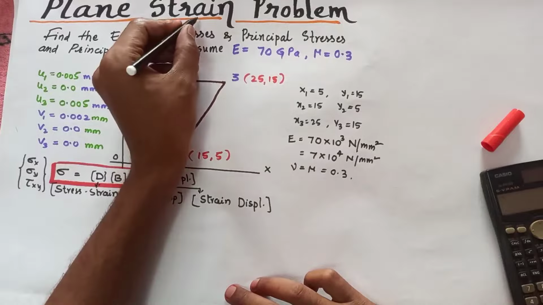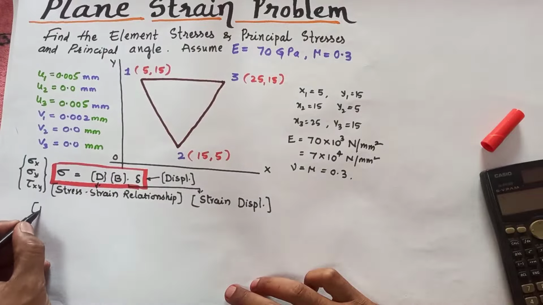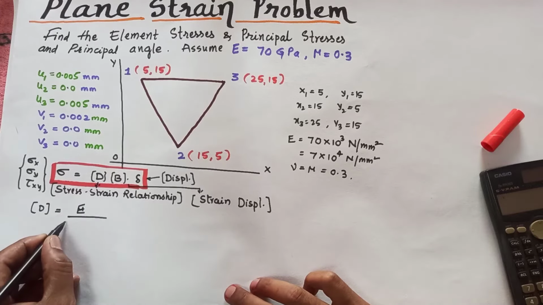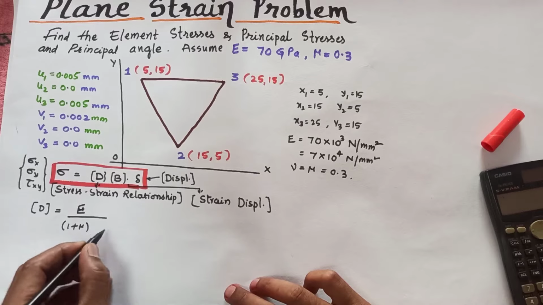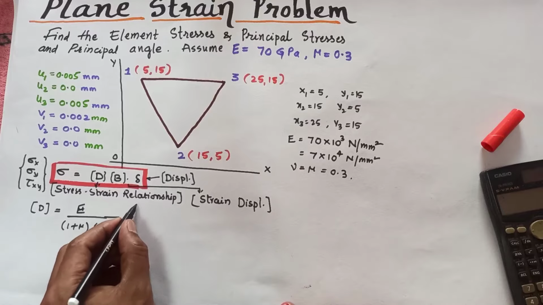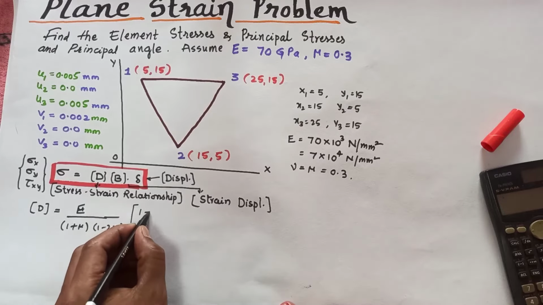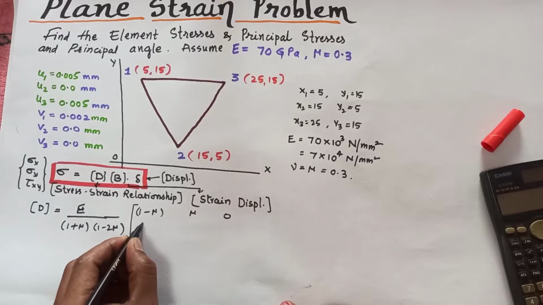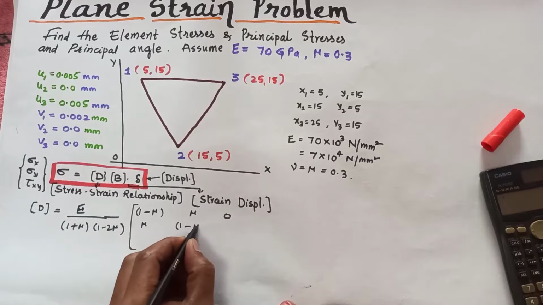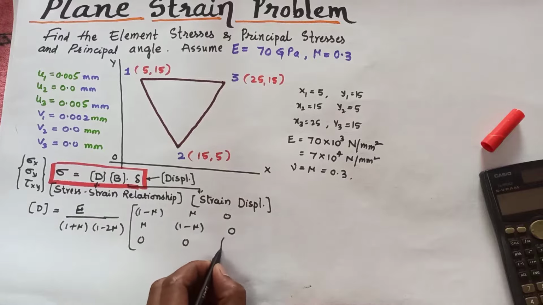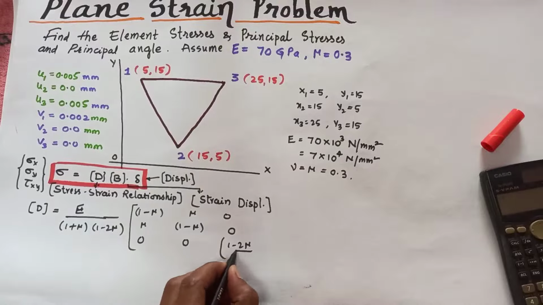For plane strain, D is equal to E by (1 plus mu)(1 minus 2 mu), and in the bracket, the matrix: 1 minus mu, mu, 0; mu, 1 minus mu, 0; 0, 0, (1 minus 2 mu) by 2.